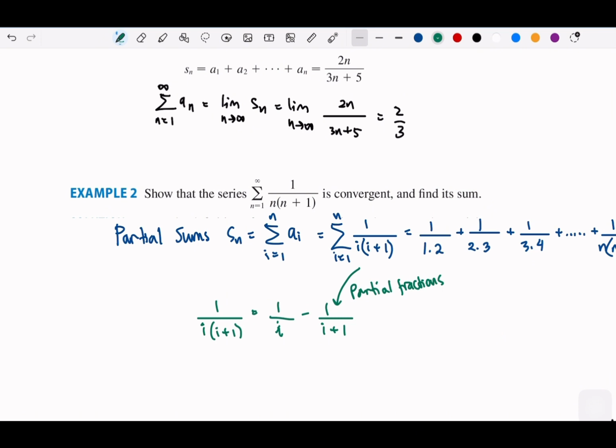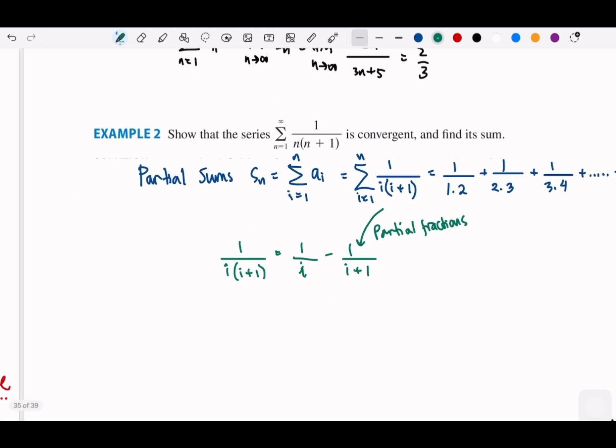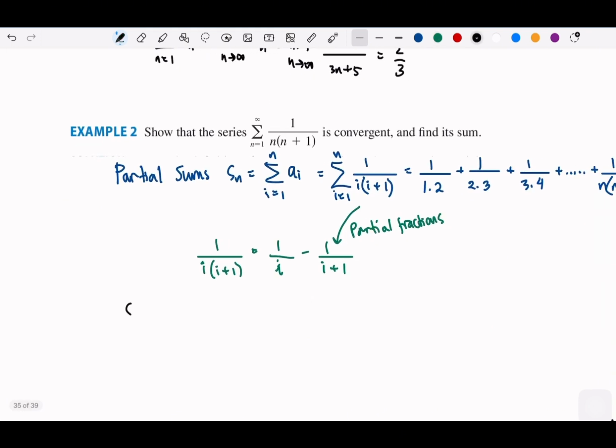So this will be 1 minus 1 over 2. Let's write again this Sn, we can just write 1 over I with a bracket.